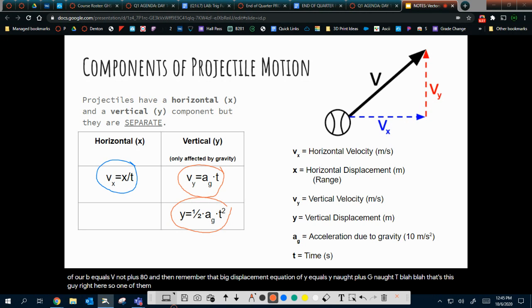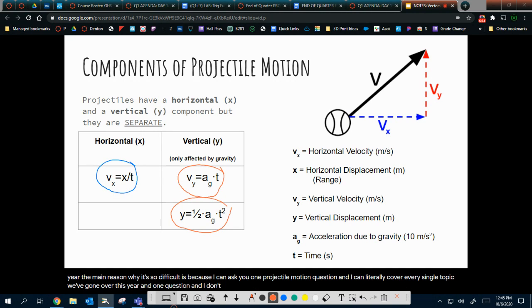One of the biggest things about projectiles is this is probably the hardest thing that you're going to encounter this entire year. The main reason why it's so difficult is because I can ask you one projectile motion question, and I can literally cover every single topic that we've gone over this year in one question.